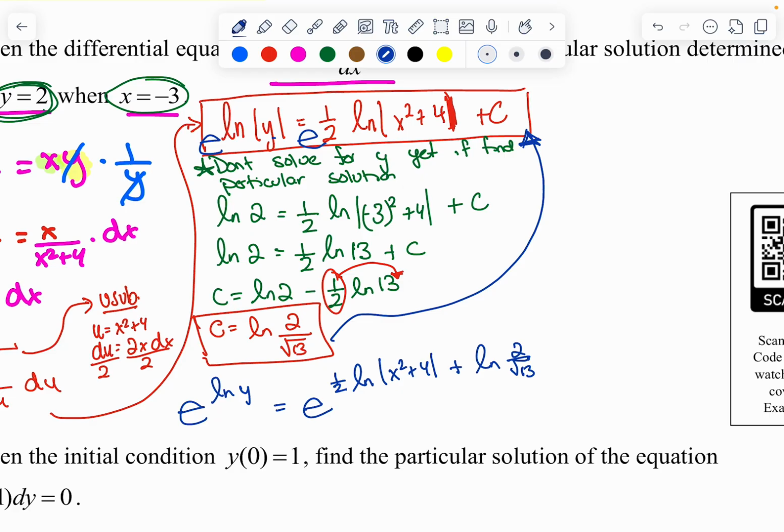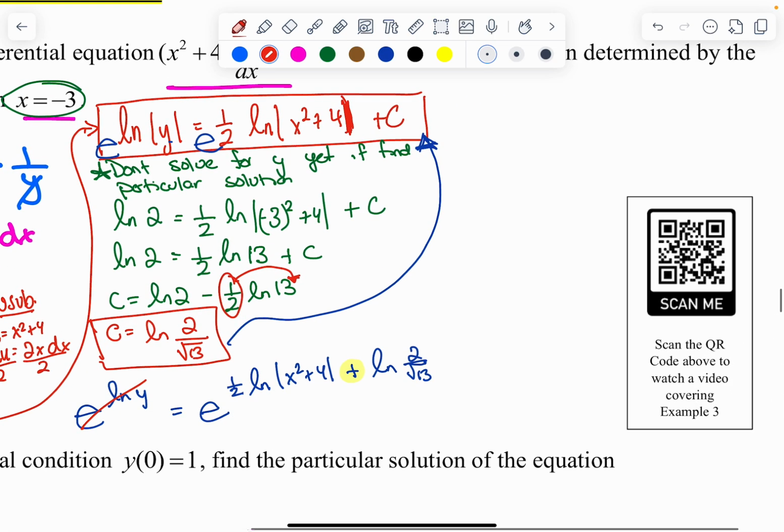Now here is a common mistake when we have e. Remember, when you have a plus sign with a base, this can be split up. All right, so keep that in mind when you see me do this. So now we have the e and the ln will cancel out.